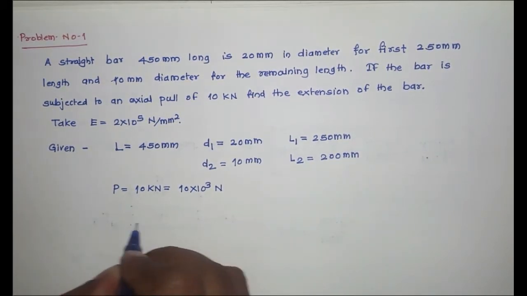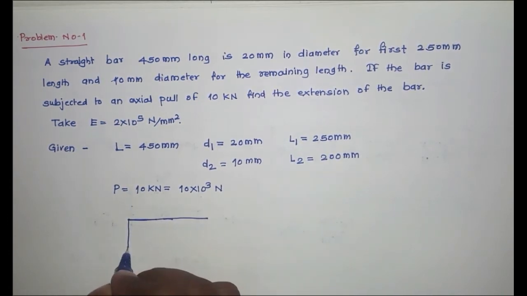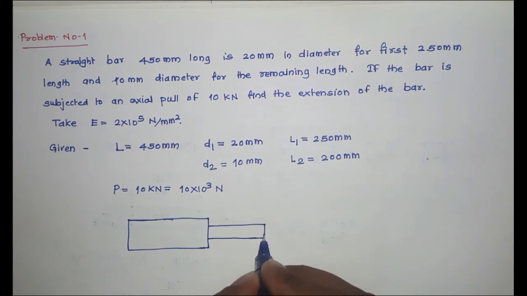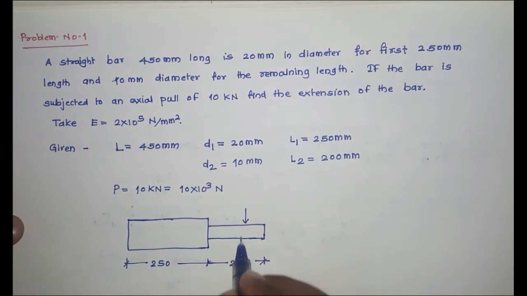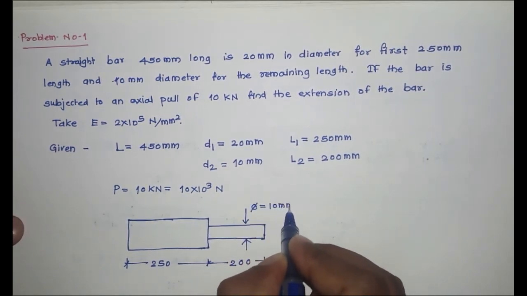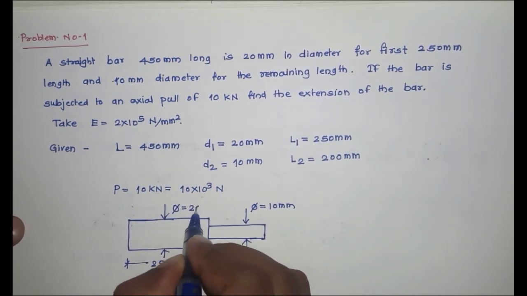First we'll try to draw the diagram. You have a first part which is of 20 millimeter diameter, and a second part which is of 10 millimeter diameter. This one is 250 and the remaining is 200. This part has a diameter of 10 millimeter, and this part has a diameter of 20 millimeter.